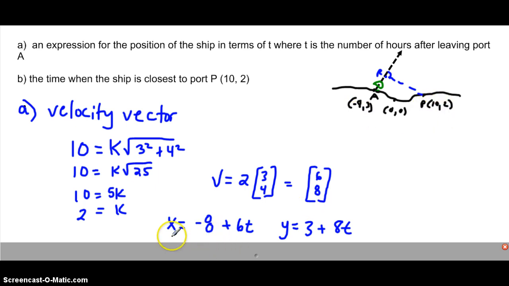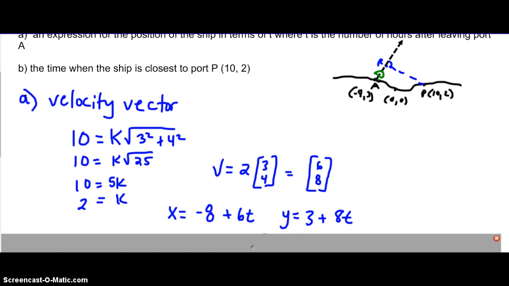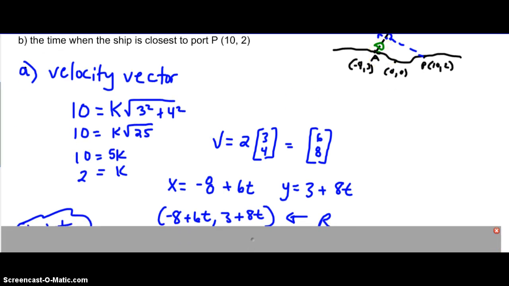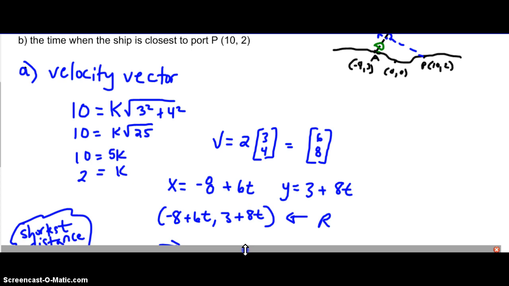So to find our parametric equation for x, it'd be the initial position, -8, plus 6 for the velocity vector times t. And our parametric equation for y would be 3 plus 8t. So this could represent r for us. It could represent any point along that vector, but we particularly want to find r. So that will represent x, y for my r value.